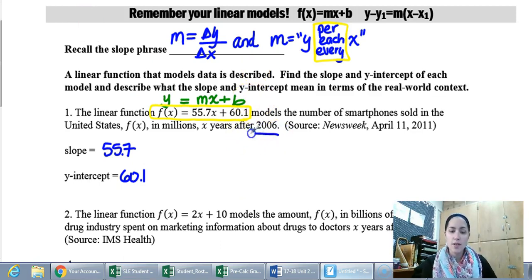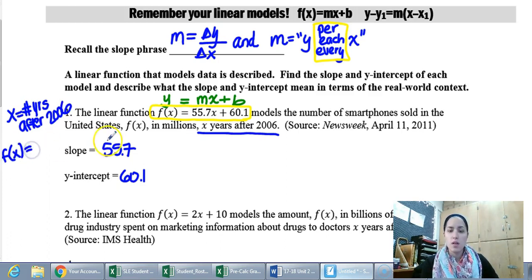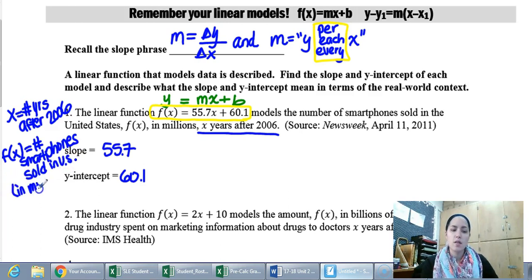So to do that, off to the side, I am going to need to define my variables. So x equals number of years after 2006, and then f of x is number of smartphones sold in the US, but it specifies in millions.